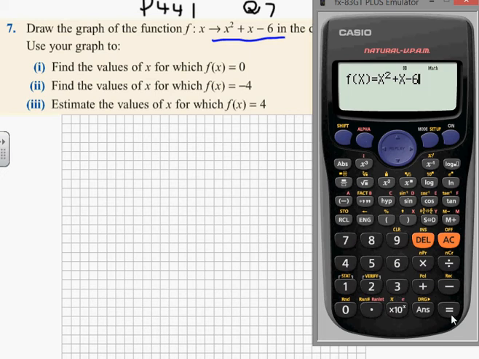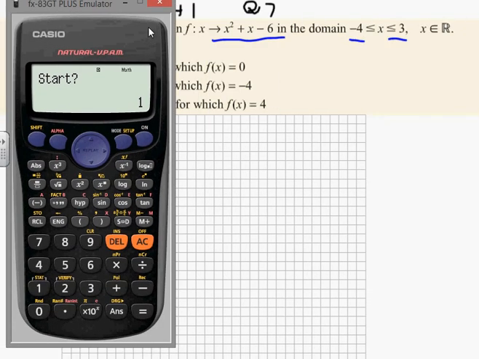Where do I start? Start at minus 4. You end at 3. And then your step is 1. What points do we get? Has anybody got that list of points up yet? Mode 3. Table. Okay.